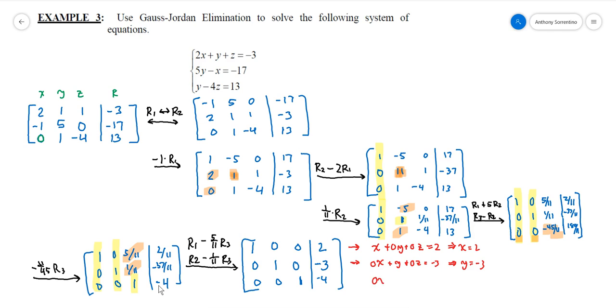And 0 x's plus 0 y's plus 1 z equals -4, which basically means that z equals -4. So our solution is 2, -3, -4.